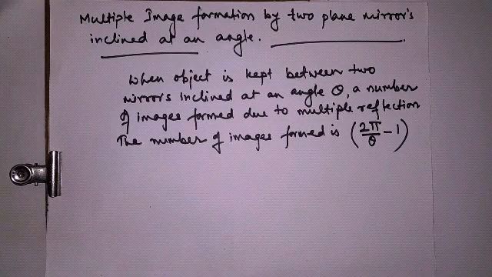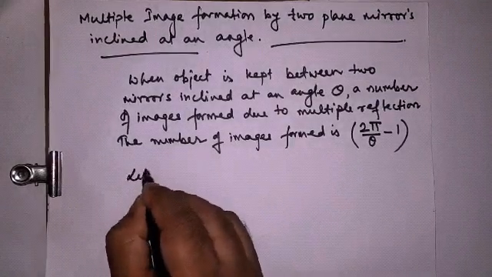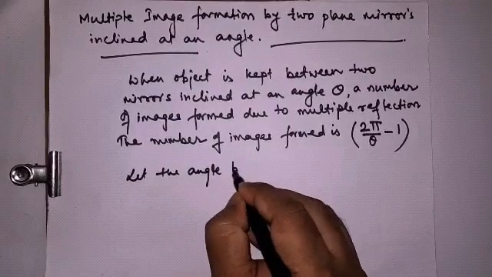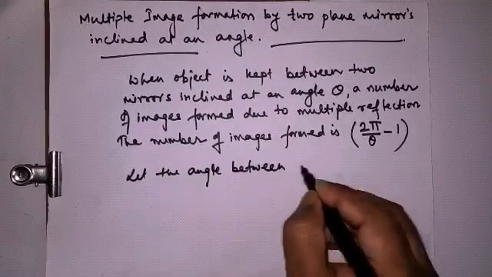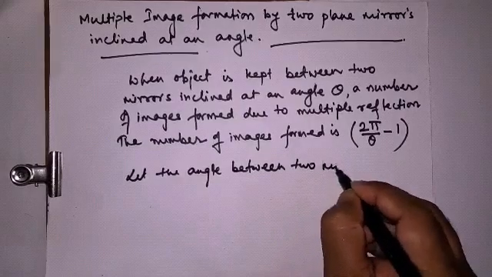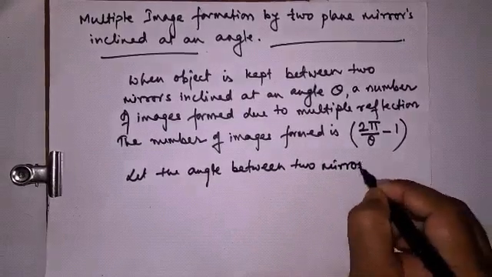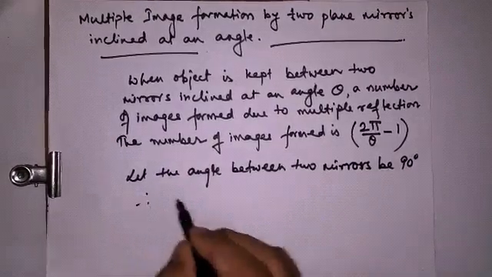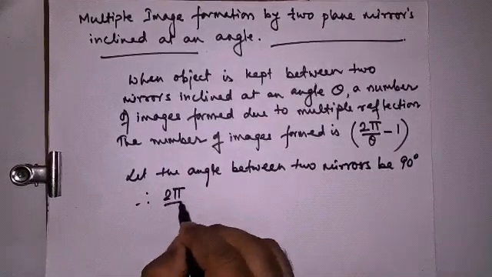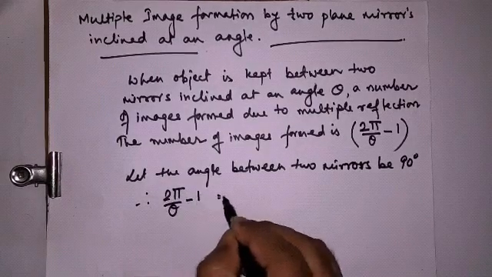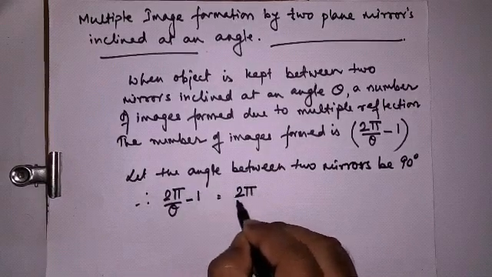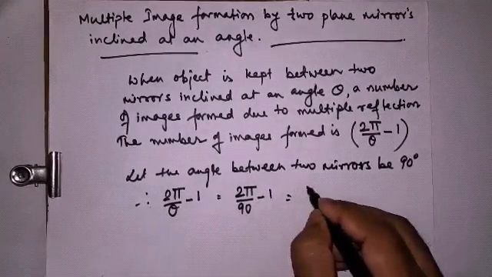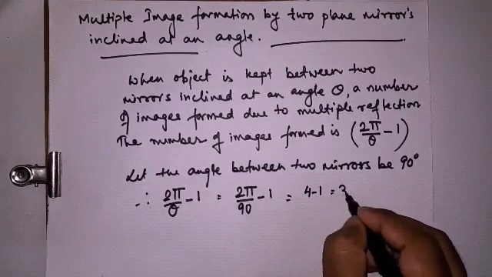So suppose let the angle between two mirrors be 90 degrees. Therefore 2 pi by theta minus 1 will become 2 pi by 90 degrees minus 1, that is equal to 4 minus 1, which is equal to 3.